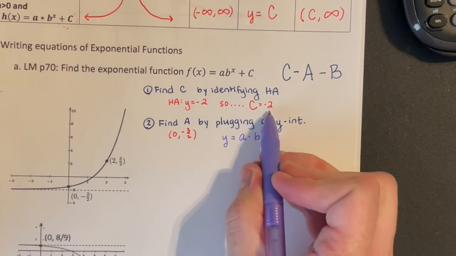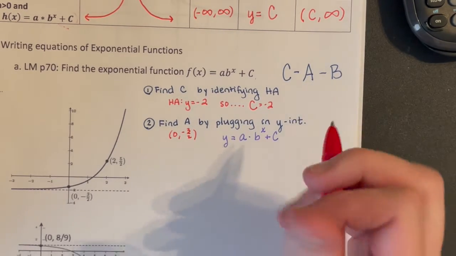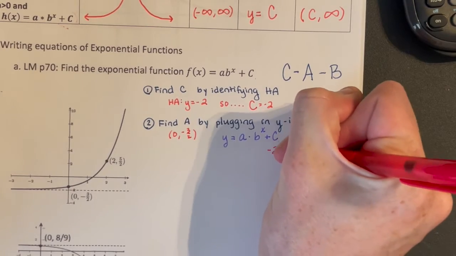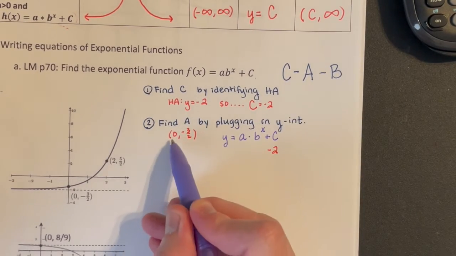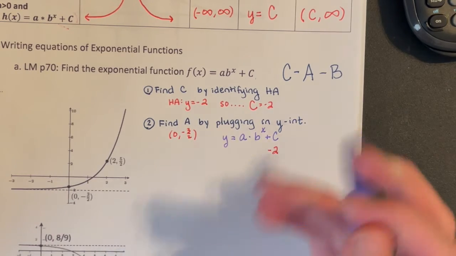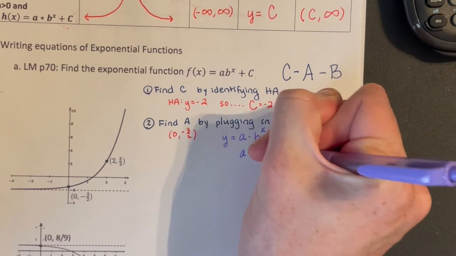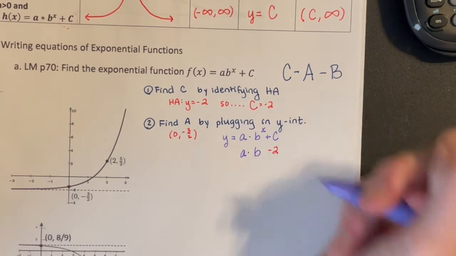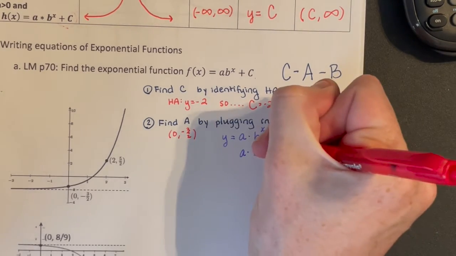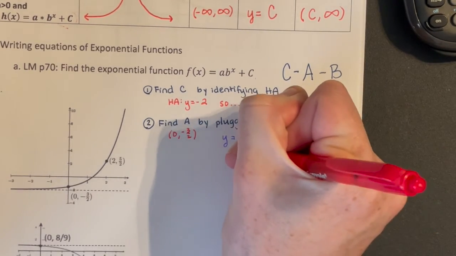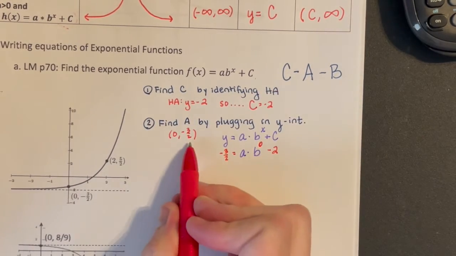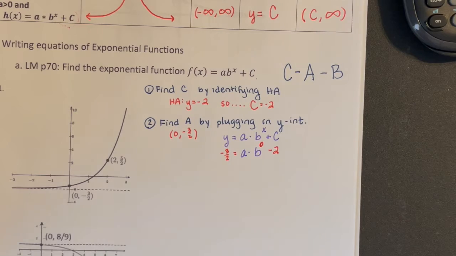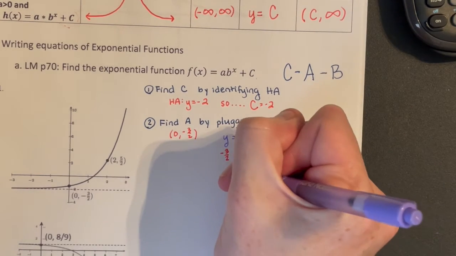We just found c to be -2, so I could plug that in. We know that's -2. But we also can plug in our point (0, -3/2) to figure out what a is. We still don't know what b is, but if x is 0, then y is -3/2 based off of that point. Now we can just do a little bit of algebra, and I'm going to simplify.